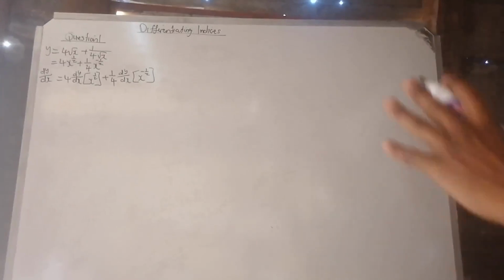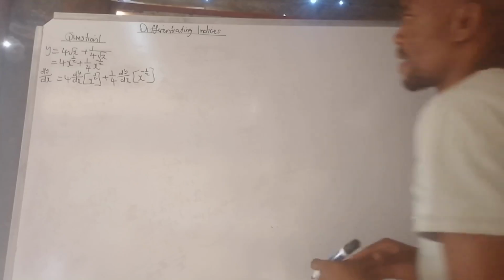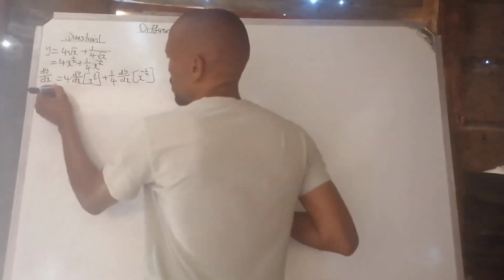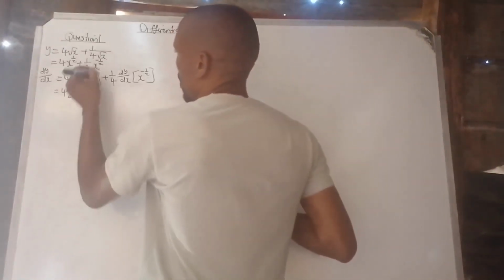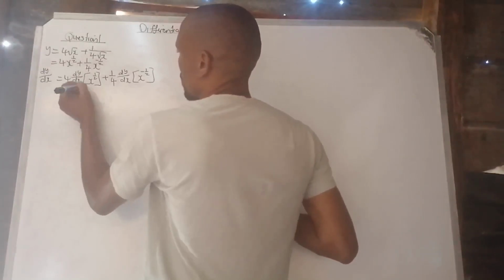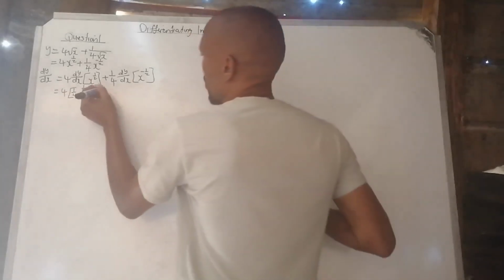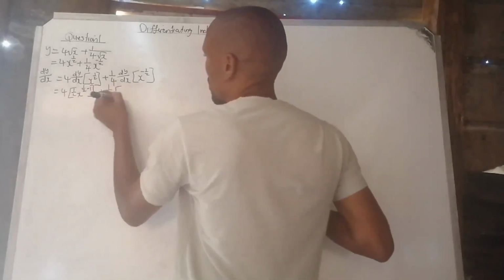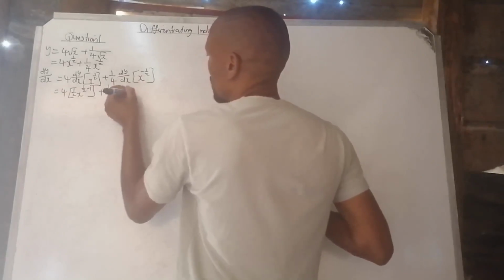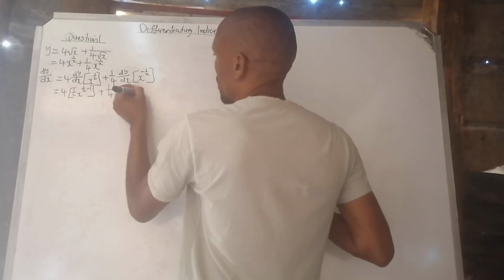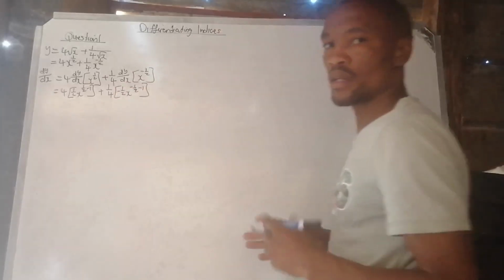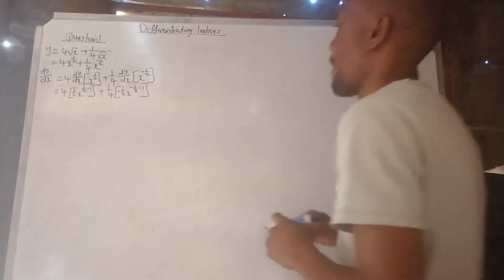Important that we see these basics. And then from there, 4, bring to the front and subtract 1, plus, bring to the front and subtract 1, and you are done.